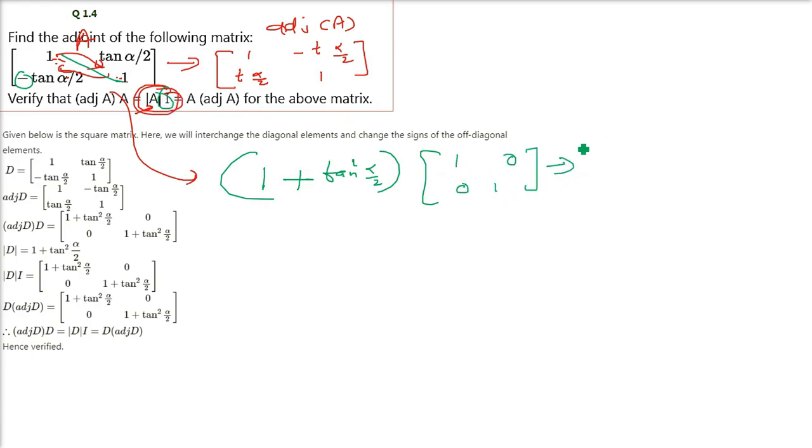So final will be multiply each element inside with 1 plus tan square alpha by 2: 1 plus tan square alpha by 2, 0, 0, 1 plus tan square alpha by 2. This is what you are going to get from adjoint A into A also, and A into adjoint A also. So this is going to come for all of it, all the 3. Okay.